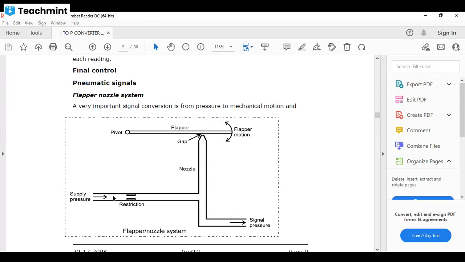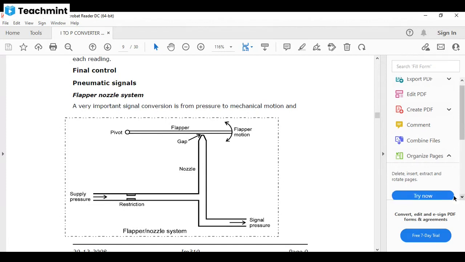Here our supply pressure is restricted, and this is our nozzle, and this is the gap, and this is pivoted to the flapper, and this is our flapper motion, which can move freely up and down. This is up, this is down, and this is our signal pressure.